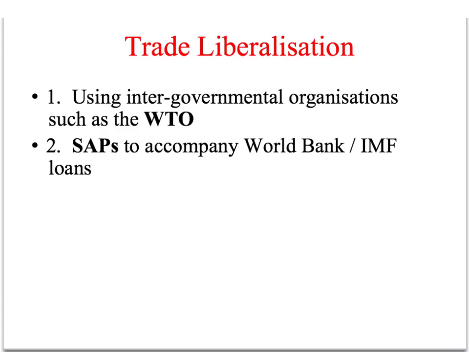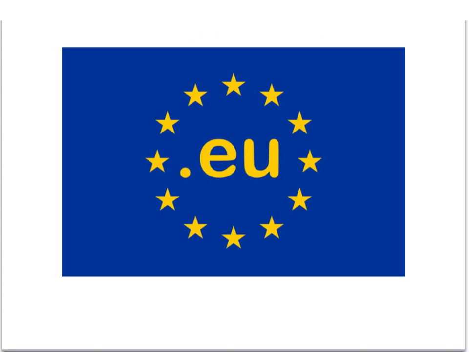And also we've had the structural adjustment programs, the controversial conditions attached to World Bank and IMF loans that have also encouraged poorer countries to become more free market in their approach. And there are also many regions of the world now that have their own free trade agreements, the most developed of which is the single market in the European Union.